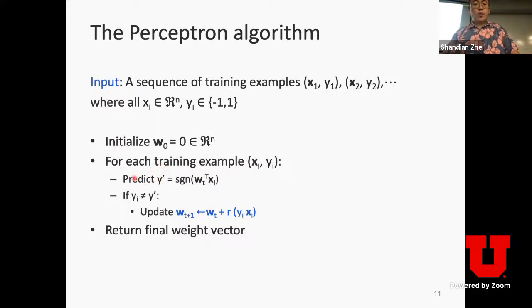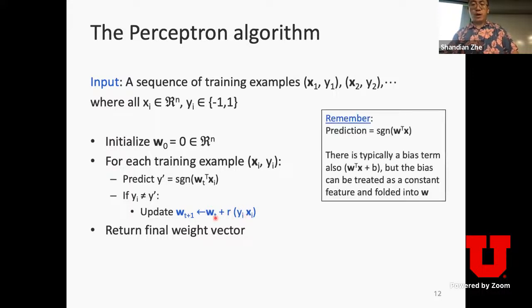If y prime is not correct, meaning that it's different from the ground truth label yi, then we update the weight vector with this rule. WT plus 1 is obtained by adding WT with R times yi xi. R here is also called the learning rate.